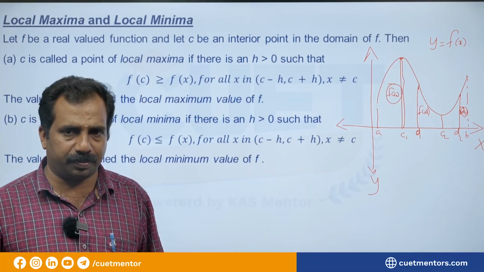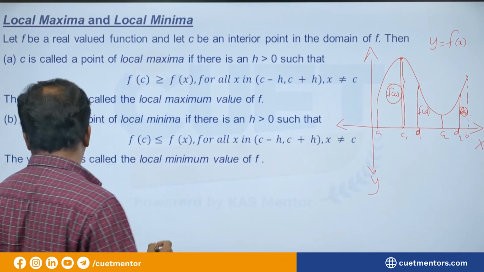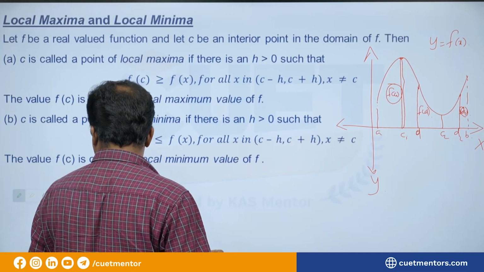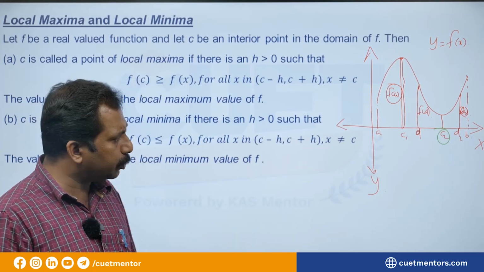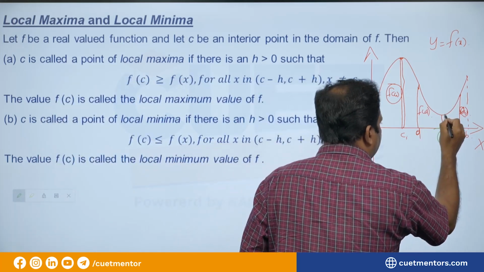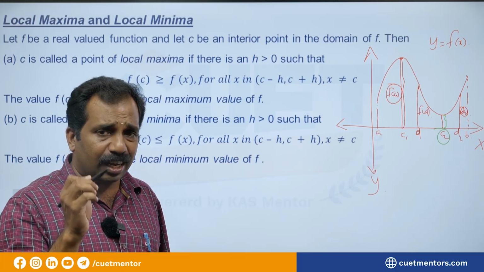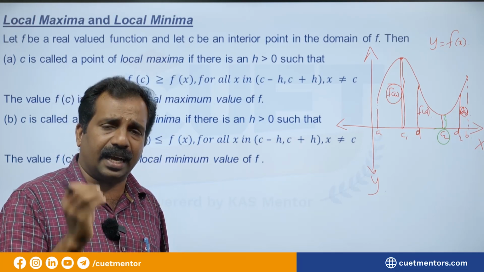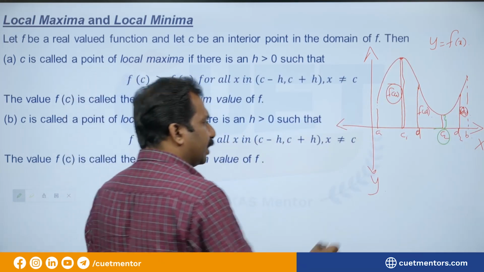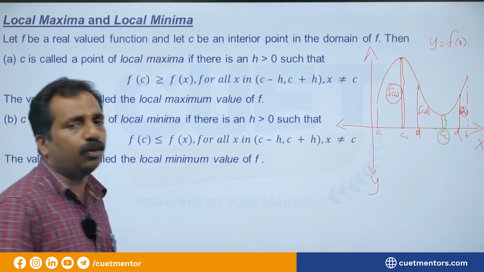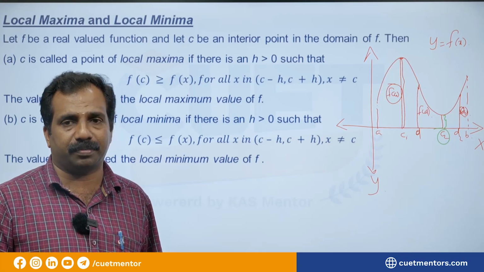So we can say that f of c1 is the maximum value of this function and c1 is called the point of maximum. Similarly, we can find a point c2, where the value of the function is f of c2, the height here. This value is smaller than any other value in the remaining part, isn't it? So c2 is called the point of minimum, and f of c2 is called the minimum value of the function.